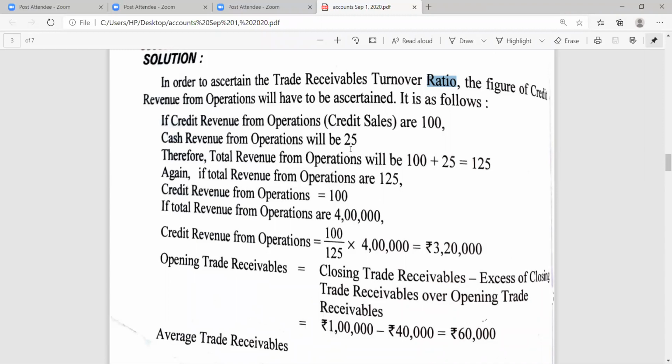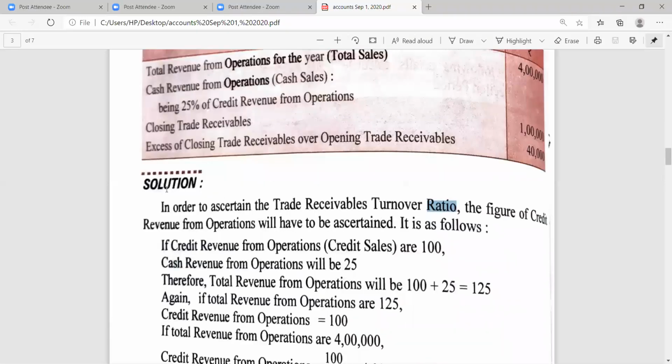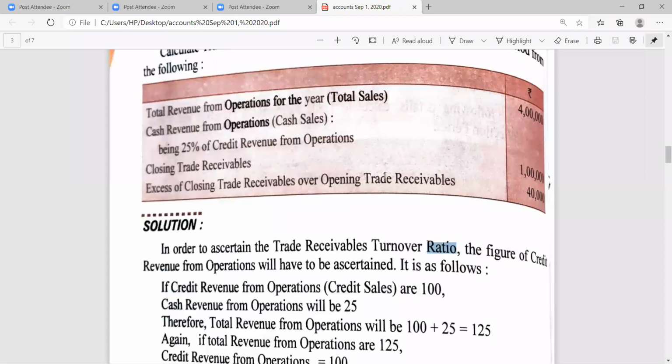Now, the calculation related to trade receivable is also something else in this question. What is it? It is closing trade receivable. It is 1 lakh. Excess of closing trade receivable over opening trade receivable is 40,000.